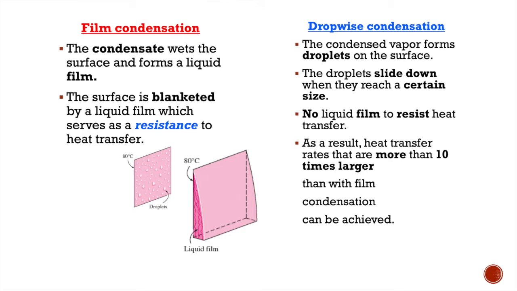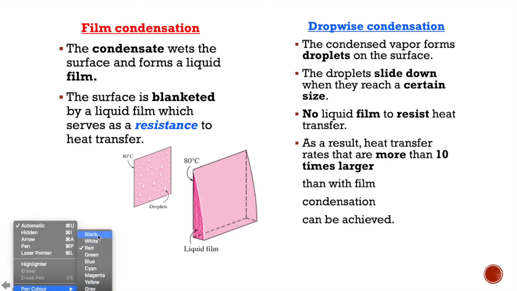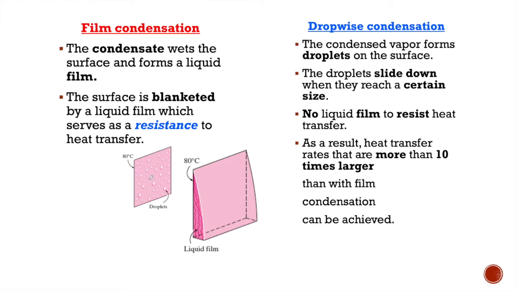As we can see in this picture, we have a solid surface, and the condensate wets the surface and forms a liquid film. The surface is blanketed by the liquid film, which serves as a resistance to heat transfer.